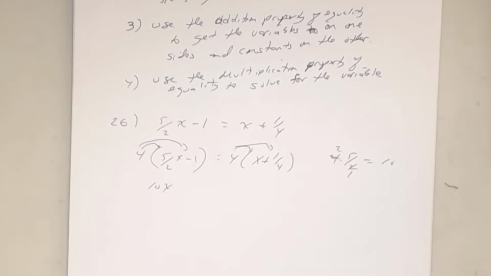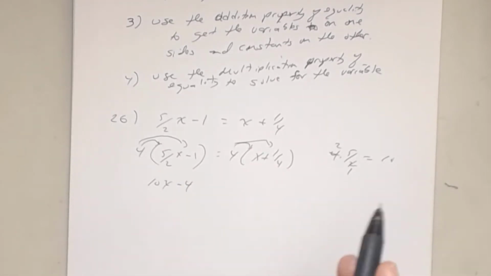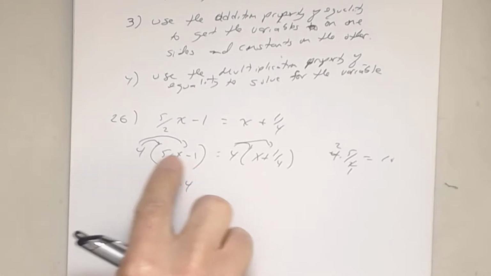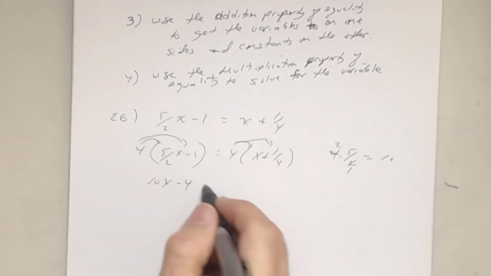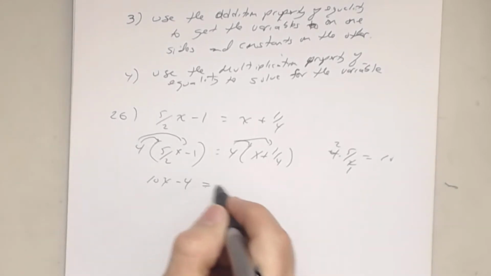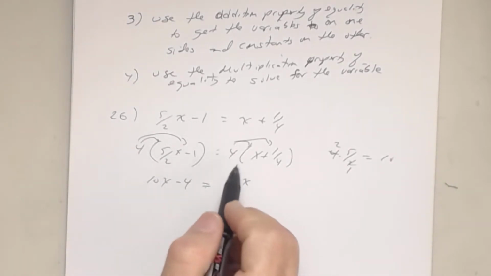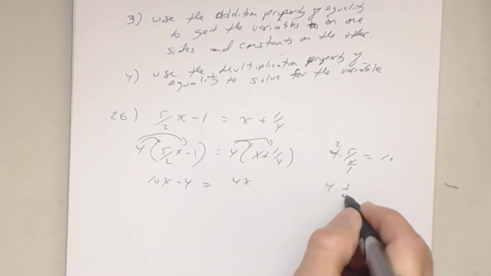I cleared that fraction. Now what's 4 times negative 1? What's going to be the next term? Right. A common mistake people make is that they write it as minus 1. That's incorrect. Everything has to be multiplied by 4. Equal? What's going to be that first term on the right side? Good. Now, what's going to be the second term on the right side? We're saying 4 times what? 1/4.